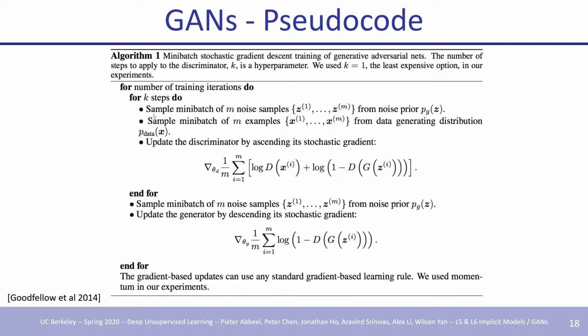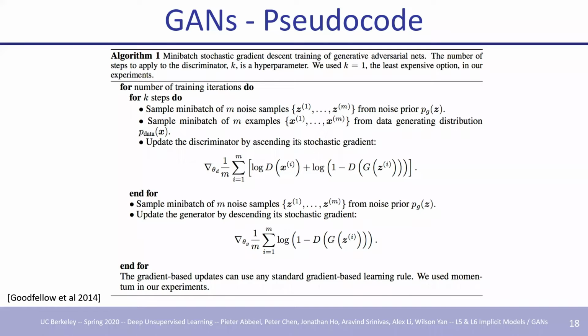So let's see what they do. So you sample a minibatch of M noise samples. So you get Z1 to ZM. These are noise. And then you sample M examples from the image library. It's a data generating distribution, they say, but it's an image library. These are from the latent space.